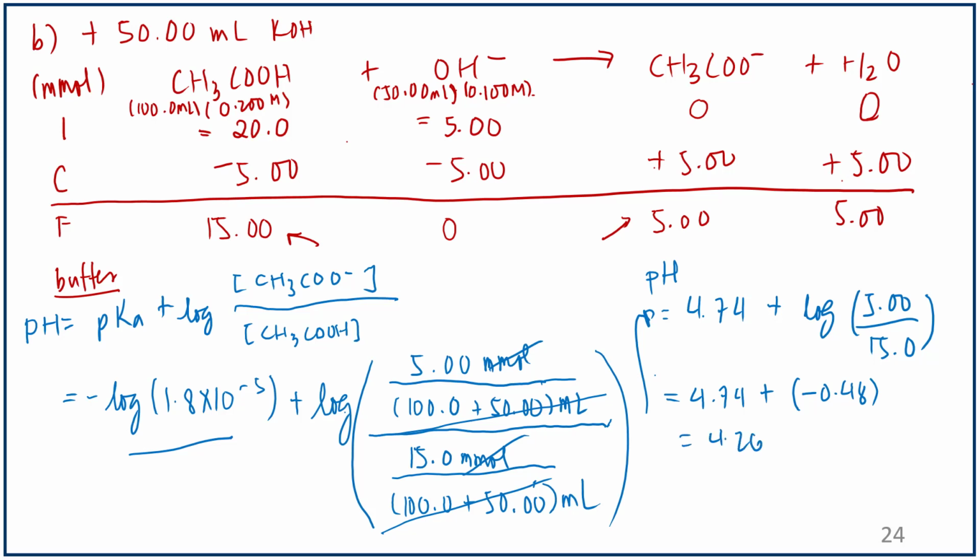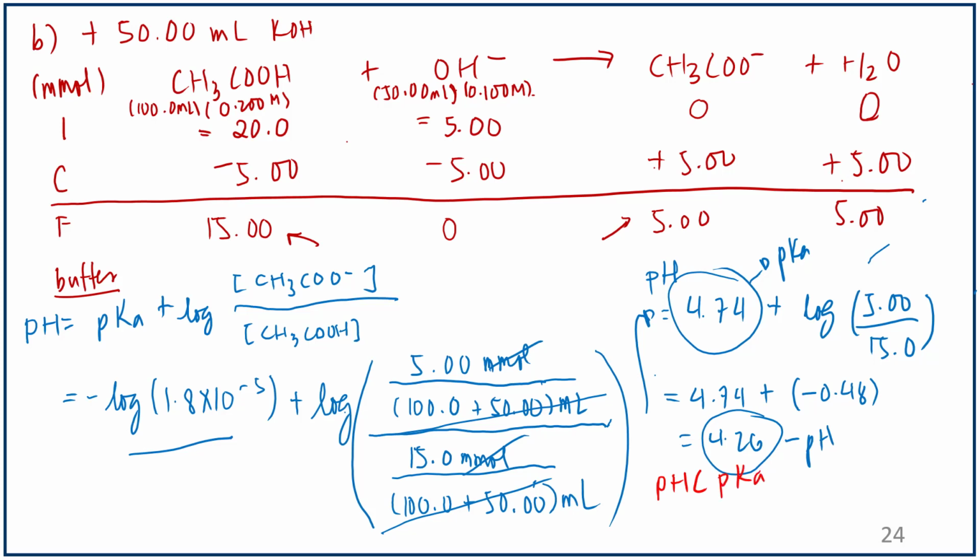So let's compare the pH with the pKa. This is the pKa, 4.74, and this is the pH. Notice that for this case, the pH of the solution is lower than the pKa.